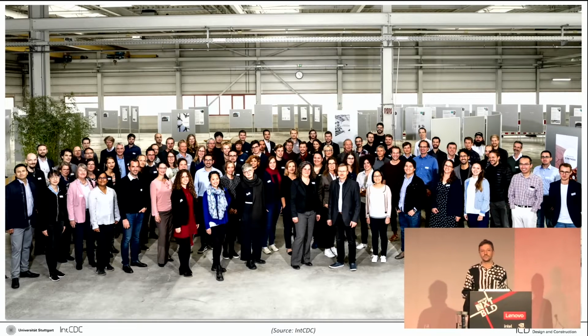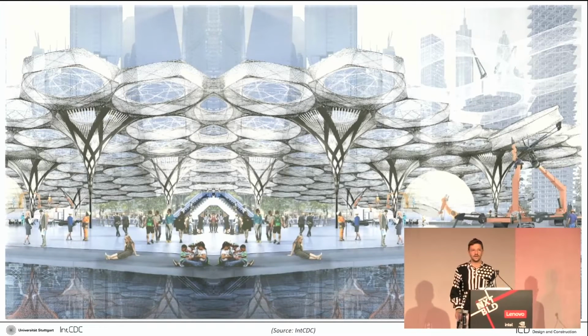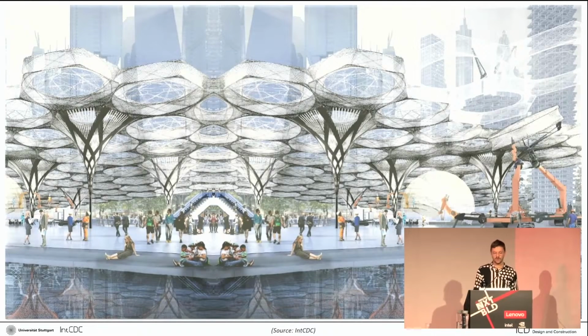And one of those institutes is the one that I am from, which is called the Institute for Computational Design and Construction. And as you might have guessed from the name of our cluster, our main focus is research on the topics of architecture and construction.